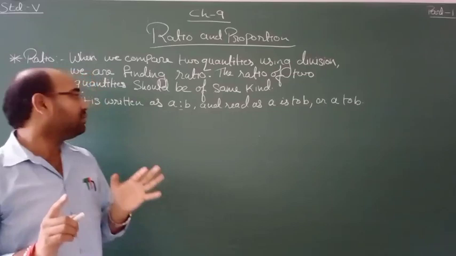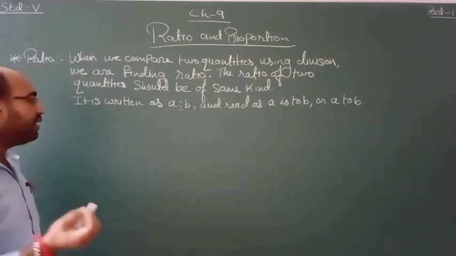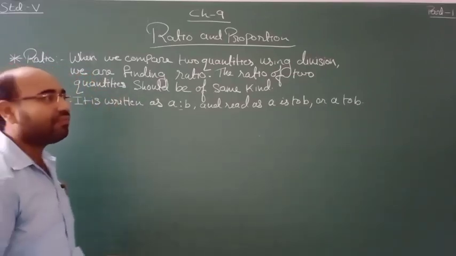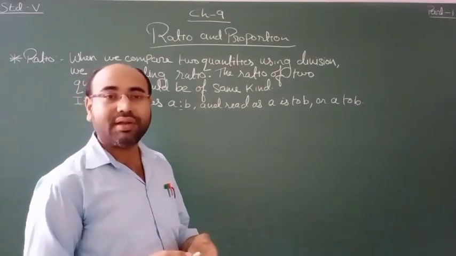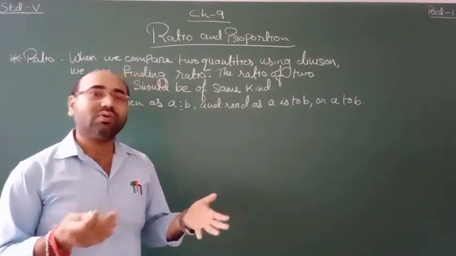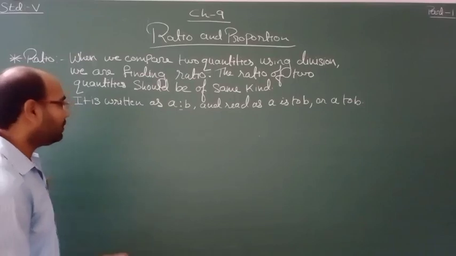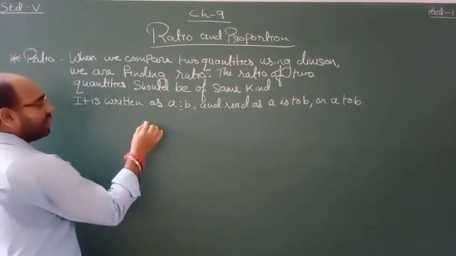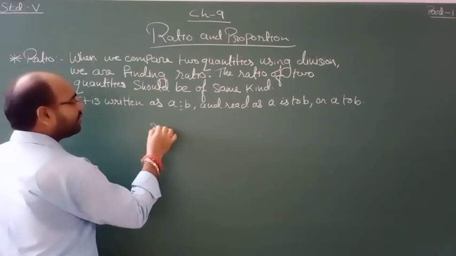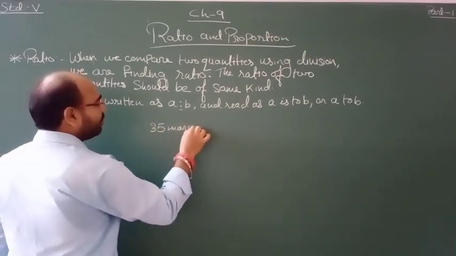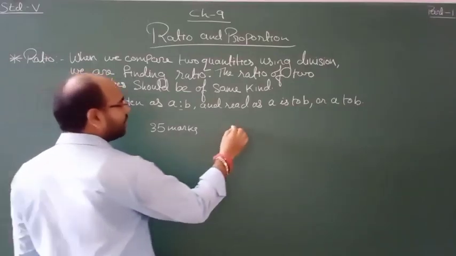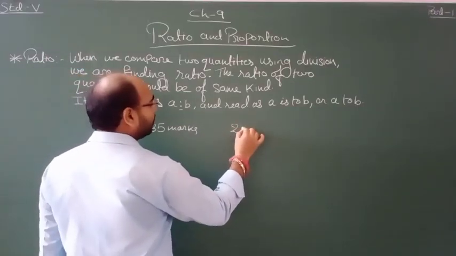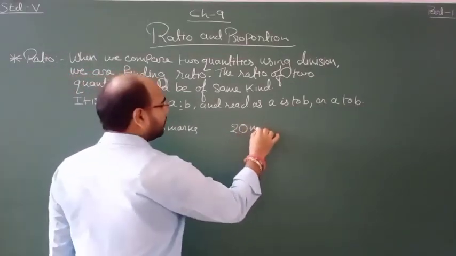So as we had gone through the definition, whatever we are comparing should be of the same kind. Let us take one example. If we are comparing marks, all of you have gone through the exam. Let us suppose your exam was out of 40, one student got 35 marks, another got 20 marks.